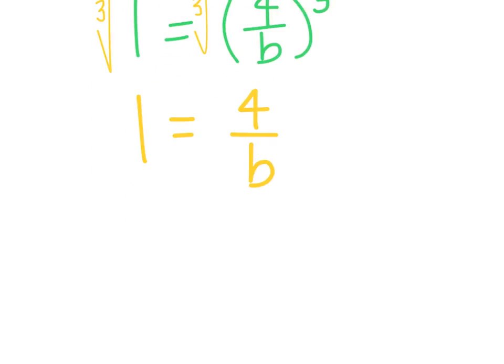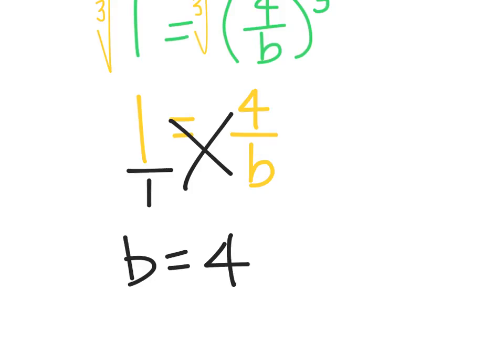Because when you have two fractions, you can cross multiply. So b equals 4. Couldn't you have just done the inverse? Yes. That would have worked as well. But I wanted to make sure I talked about the fact that two fractions is better than 1.